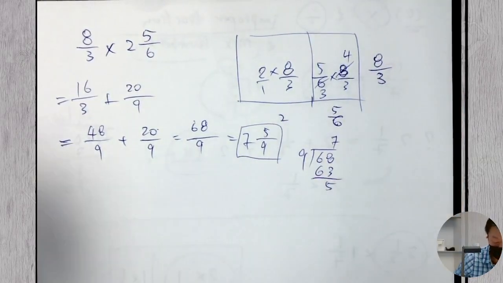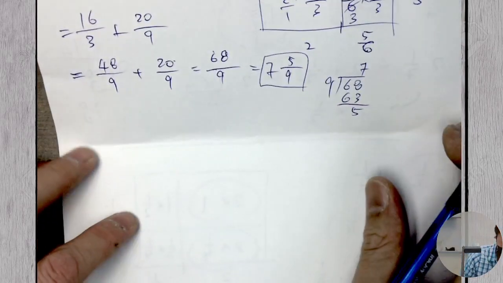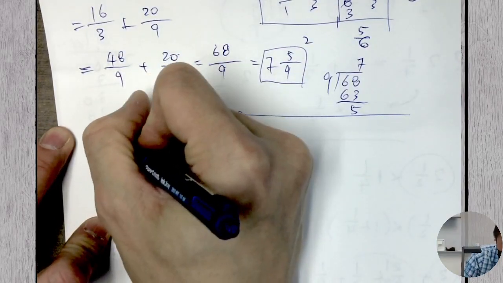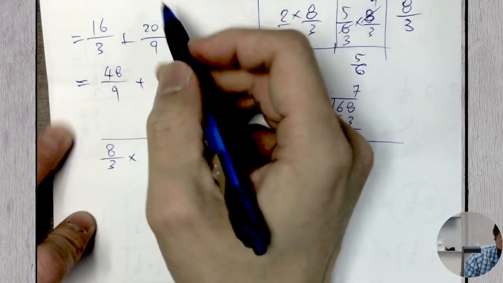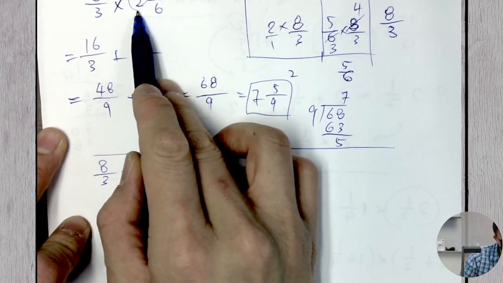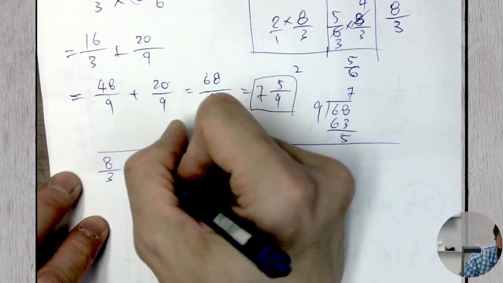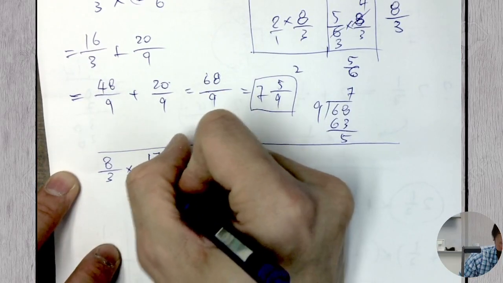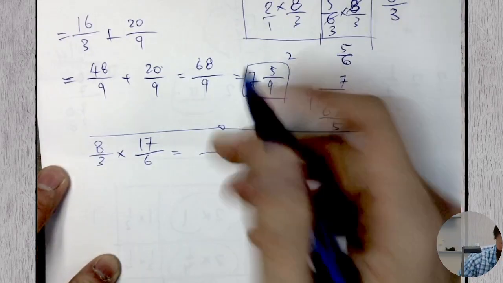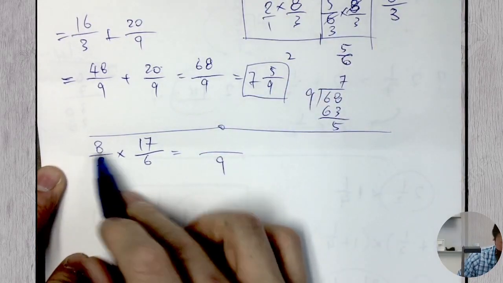Okay, so you can either do it this way, or you can turn both into improper. It would be 8 over 3 times, this will be 12 over 6 plus 5, 17 over 6. And then you just multiply them out. Got 9 at the bottom.